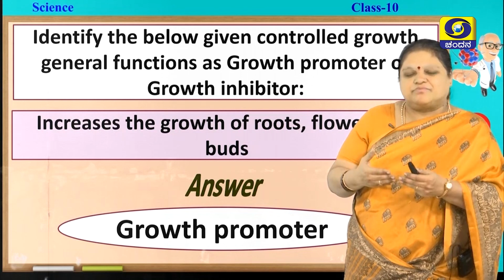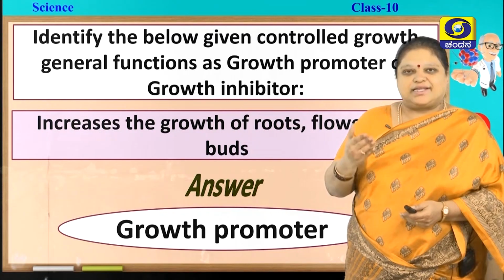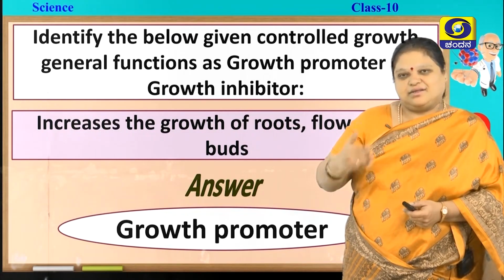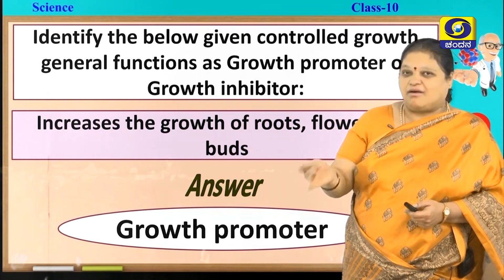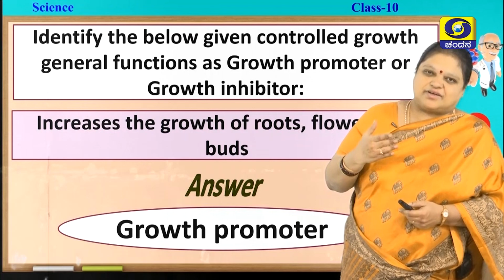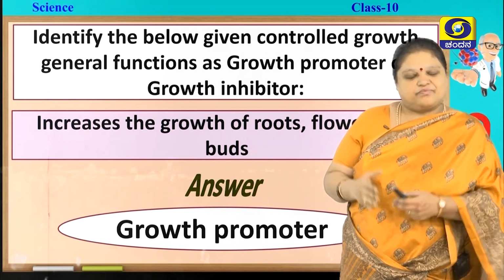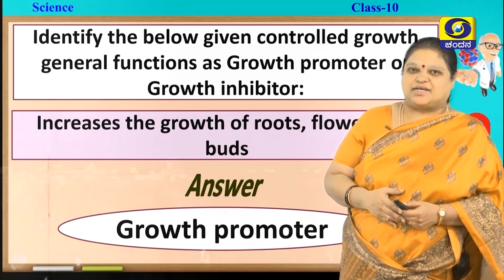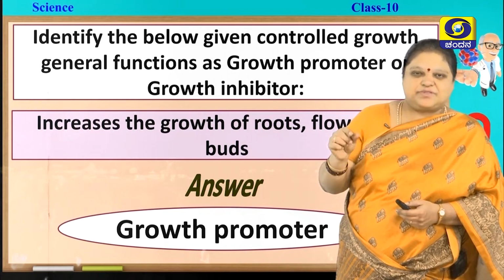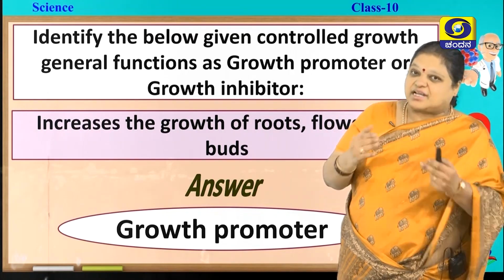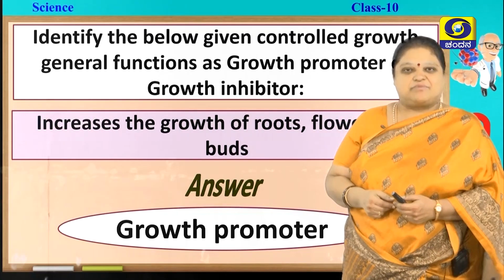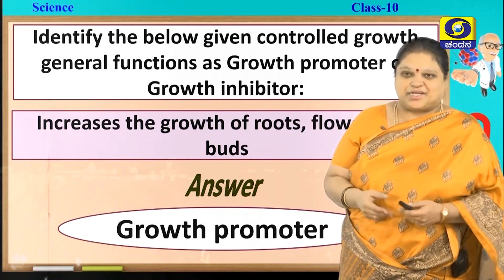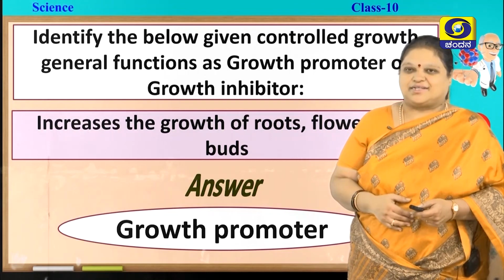Whatever is meant for increasing, you can guess that they are promoters. They may be auxins, gibberellins or cytokinins, whichever helps in increasing the growth. All these three hormones come there. You can guess: if it is the tips, it is auxins. If it is cell division, it is cytokinins. If it is elongation of the stem, you call it gibberellins. So, you can guess like that.